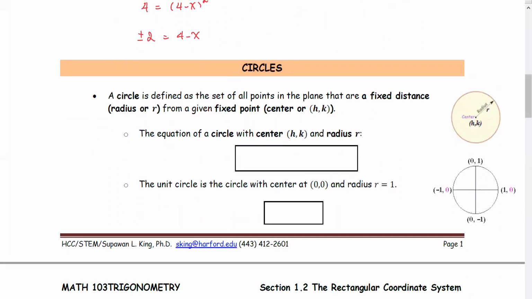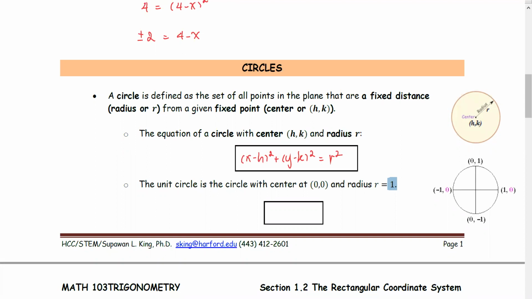Circle. A circle is defined as the set of all points in the plane that are a fixed distance, the radius r, from a given fixed point, the center, or the ordered pair h, k. The equation for a circle with center h, k and radius r is the quantity (x minus h) squared plus the quantity (y minus k) squared equals r squared.